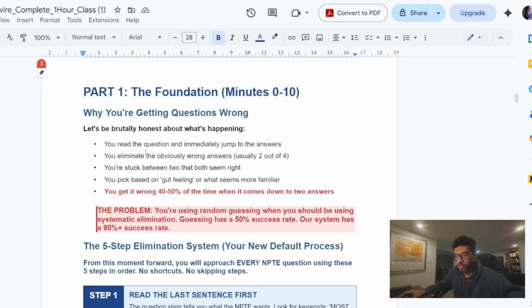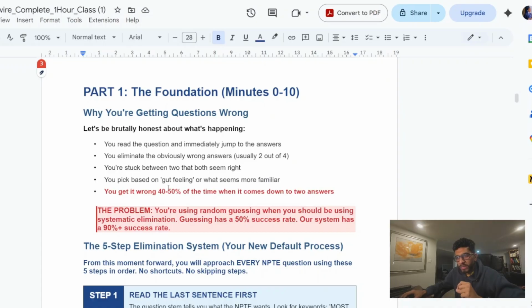So you read the question and immediately you jump to an answer. And when you make an immediate decision without the proper technique, you eliminate the obvious wrong answers, usually 2 out of the 4. You are left with the other 2, so you're stuck between two that both seem right.